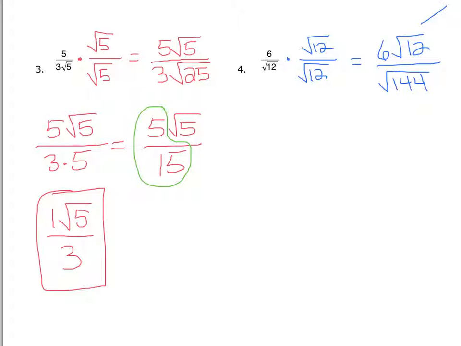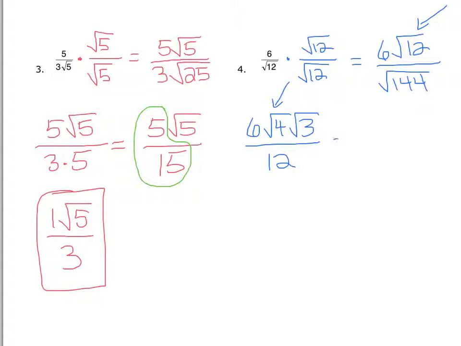Now this time I have a radical on top that can simplify down, so I am going to get 6 times radical 4 times radical 3, because 4 times 3 gives me 12, and 4 is my perfect square. On the bottom, radical 144 is just going to become 12.